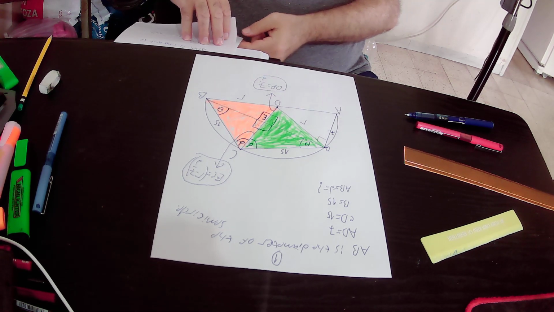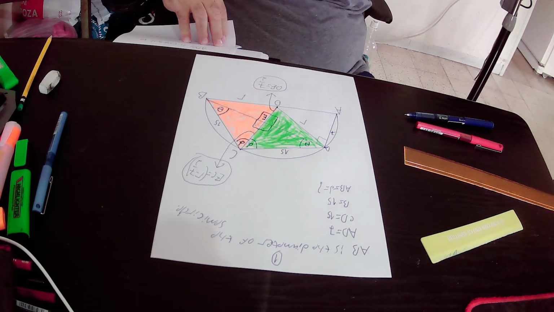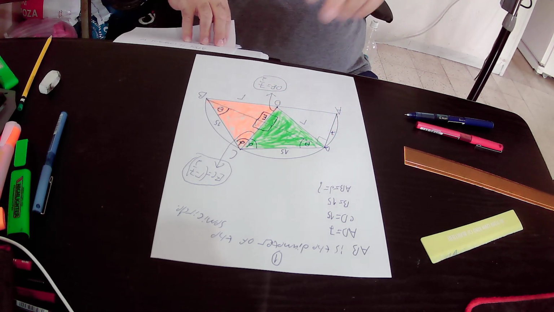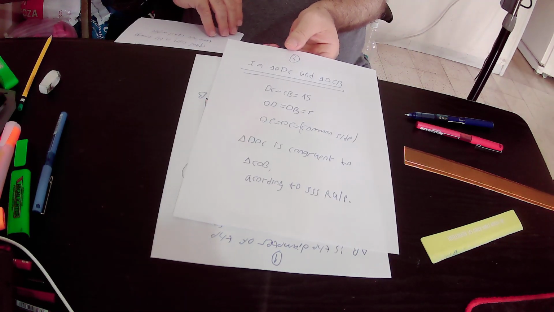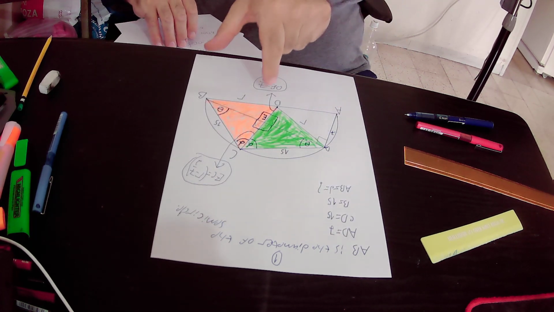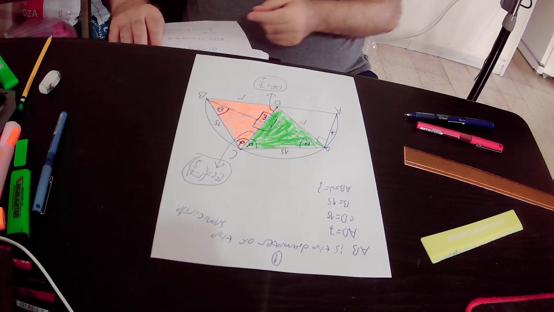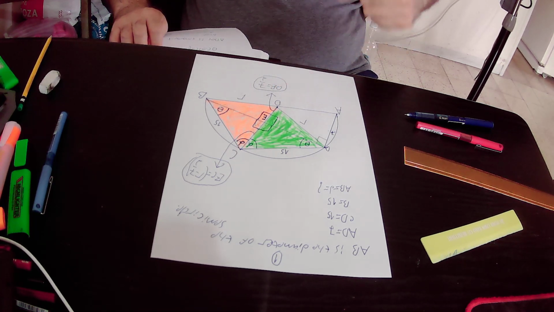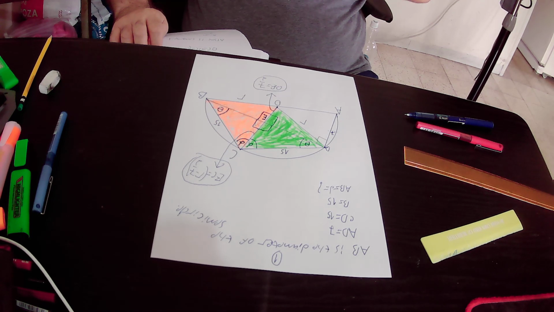On those two triangles, side DC of the green triangle equals side CB of the orange triangle. Both of those two sides are equal to 15 units. DC equals CB equals 15 units. And also DO equals BO. Both of those two sides are equal to the radius of the semicircle. And also OC equals OC. It is a common side. It belongs both to the green triangle and also to the orange triangle.